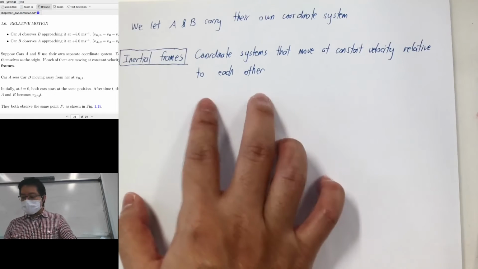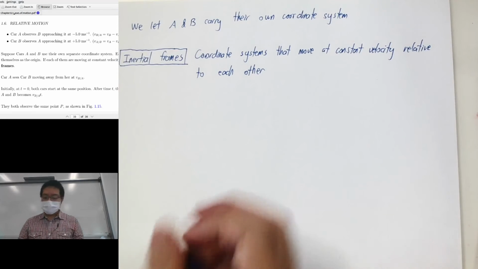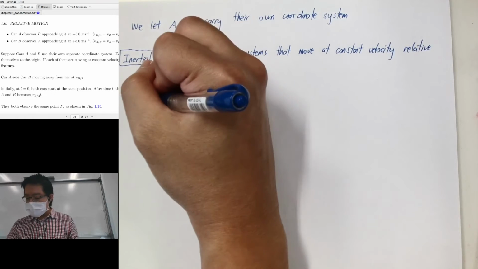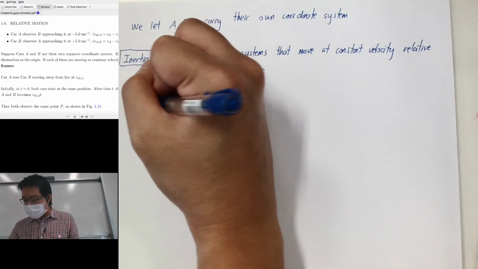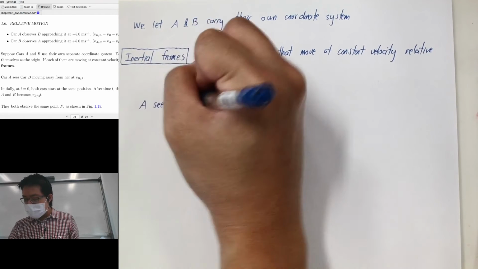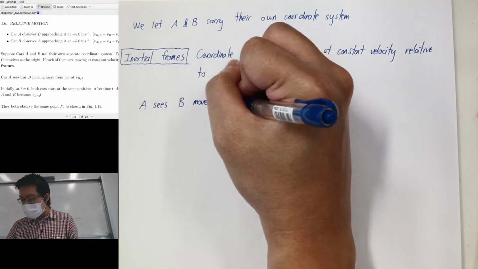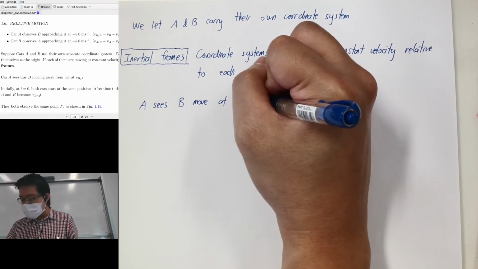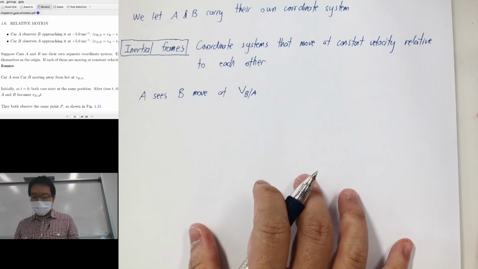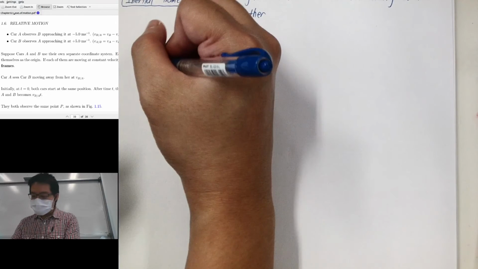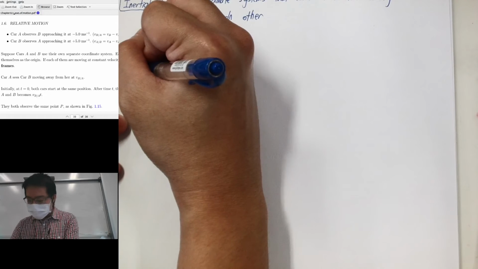Okay, so now let us describe our basic setup. As we have described already, A is seeing B move at a certain speed, and we have called this speed the velocity of B relative to A. Let me write it out to be concrete.